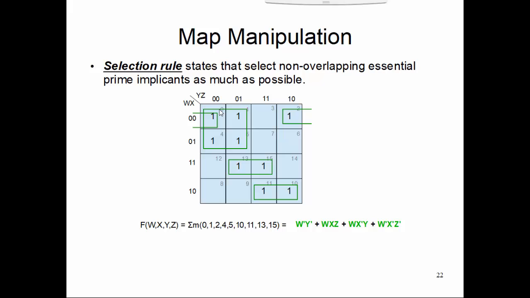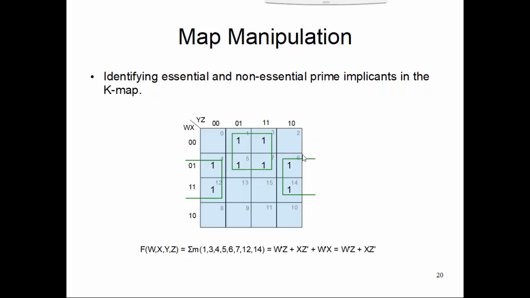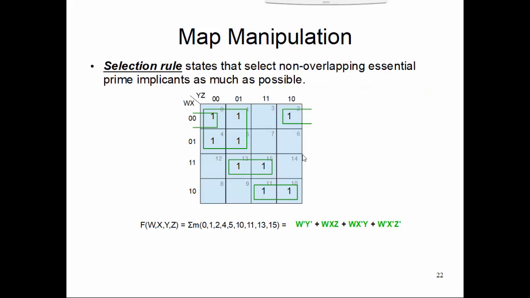The latter one has overlap between the group of 0, 1, 4, 5 and 5, 13. There is 1 overlap.